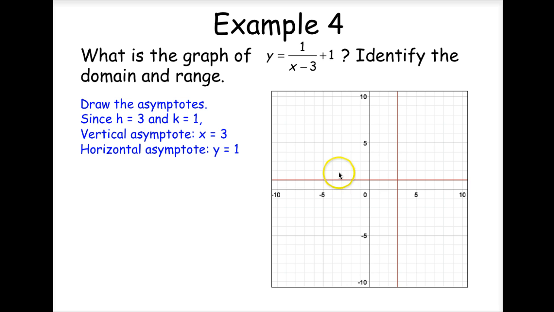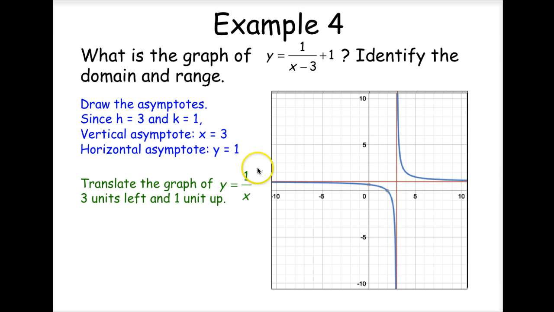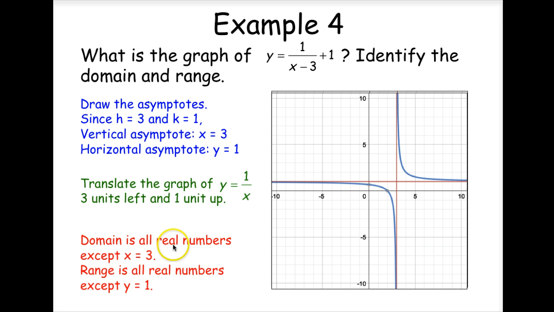So the vertical asymptote is at x equal 3 and the horizontal asymptote is where y is equal to 1. Now let's translate the graph of y is equal to 1 over x, 3 units right and 1 unit up. The domain is all real numbers except 3, because if we had a 3 in here, that'd make the denominator 0. We can't have that. And the range is all real numbers except 1.